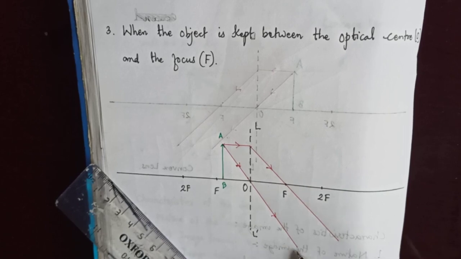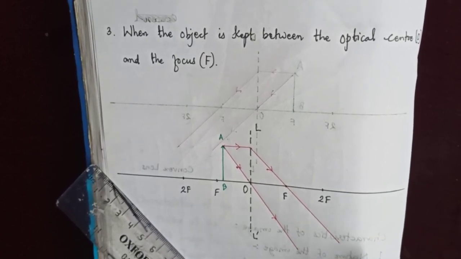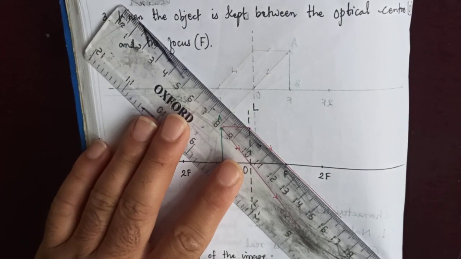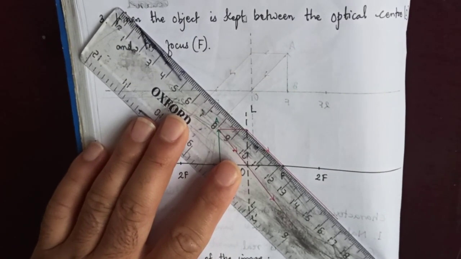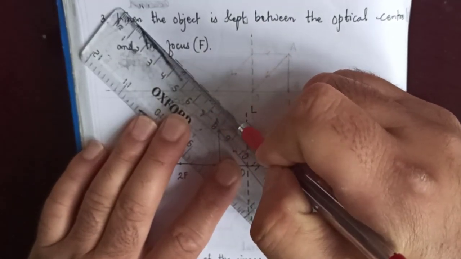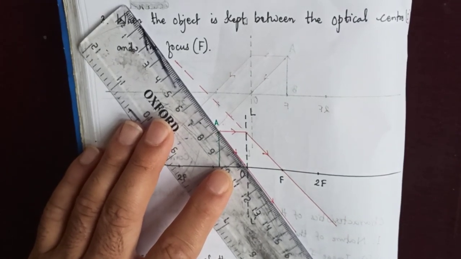You can clearly see in the diagram these two refracted rays of light are diverging, meaning that if they are produced in the forward direction, they will not meet. So what we do, we produce them in the backward direction. This ray also will be produced in the backward direction.